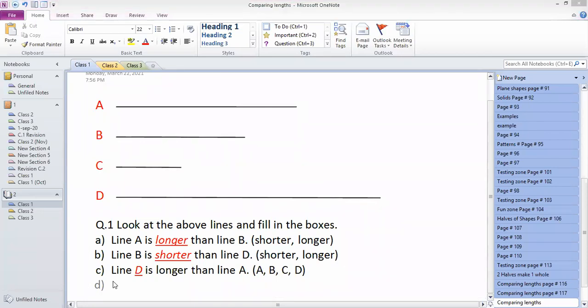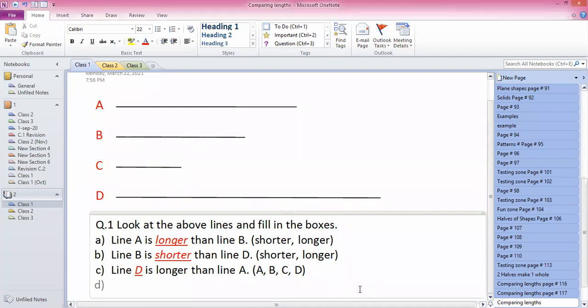Line B is dash than line A. Line B is dash than line A. Shorter, longer. Look at, guys, this is line B and this is line A. Line B is dash than line A.